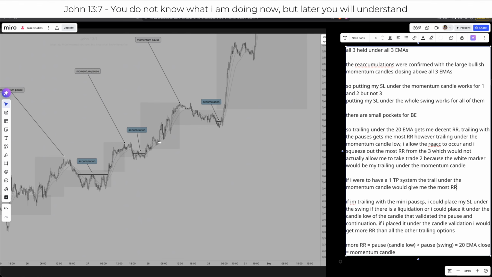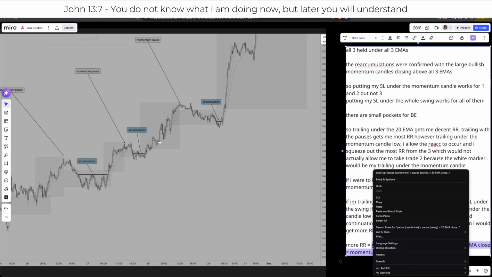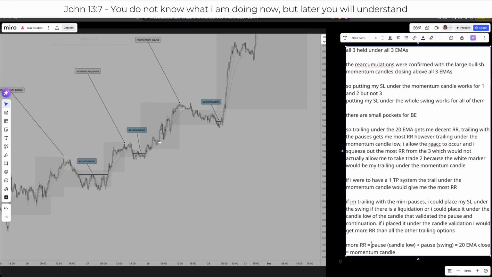If I'm trailing with the many pauses, I could place myself on a swing liquidation. So for the most RR, we get the 20 EMA close. So the most RR, we have the pause. So we do have the momentum candle close.